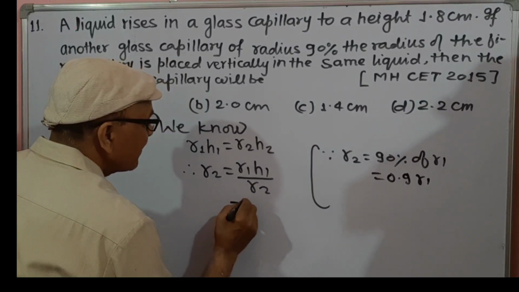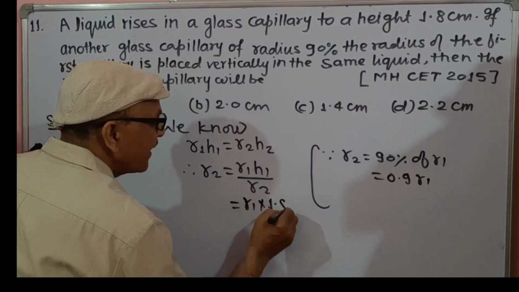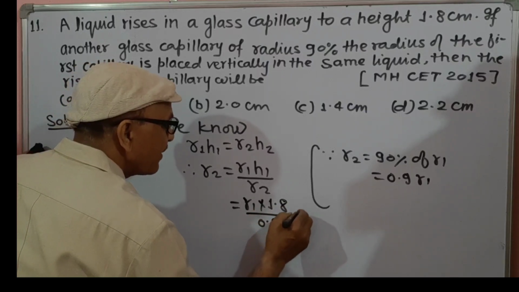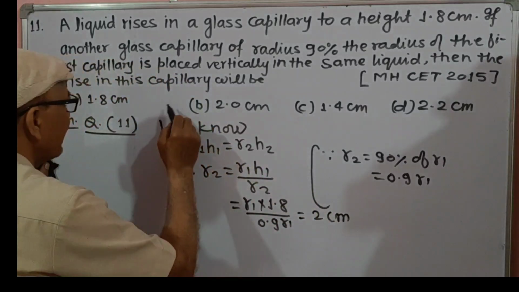So it gives R1 into 1.8 upon 0.9 R1, which gives 2 centimeter. So the correct option will be B.